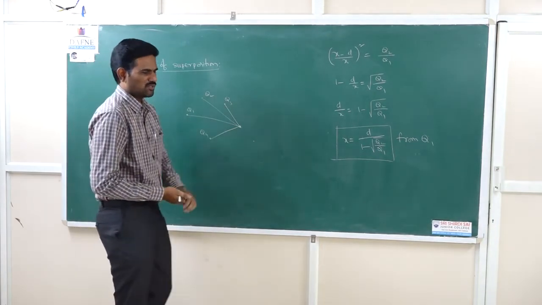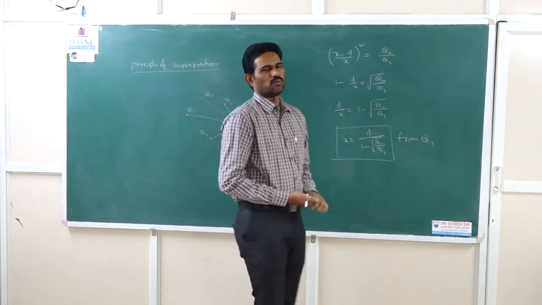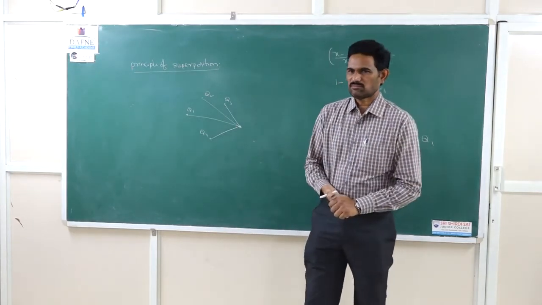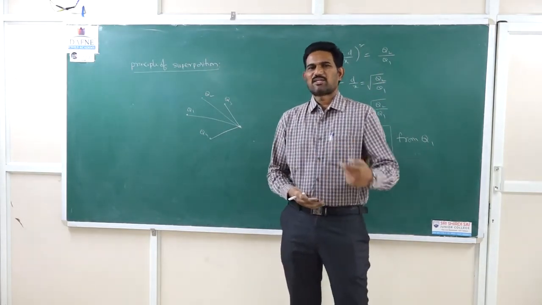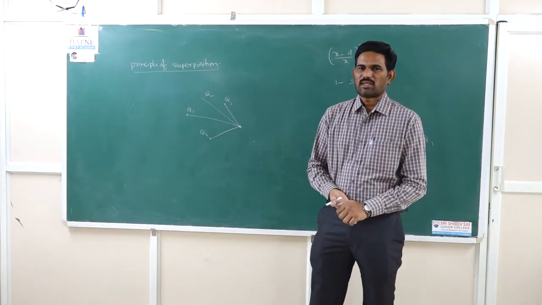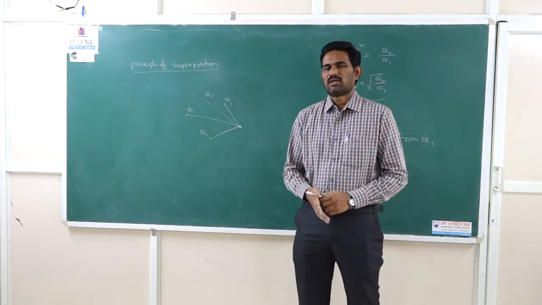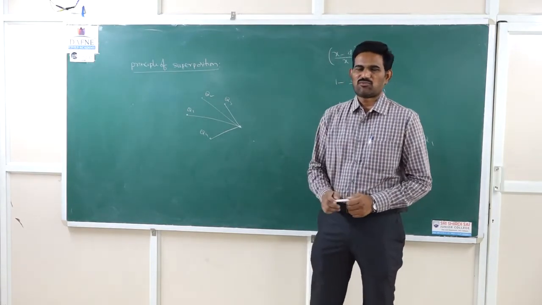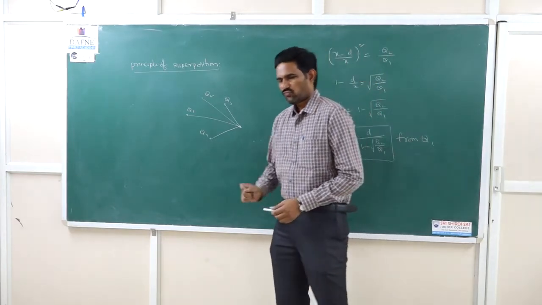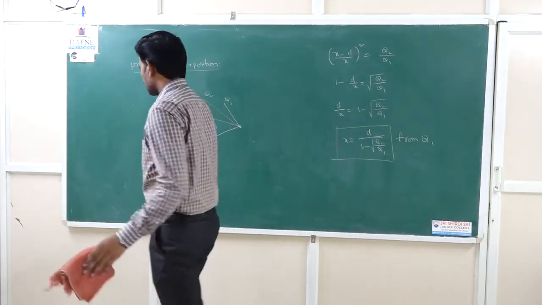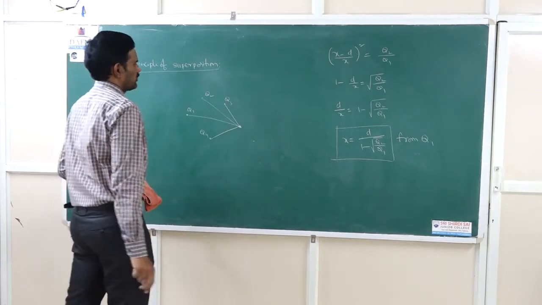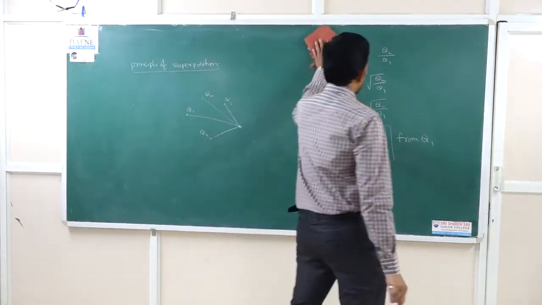So simply we mention that according to the principle of superposition, the resultant electric field at any point is a vector sum of field due to individual charges.